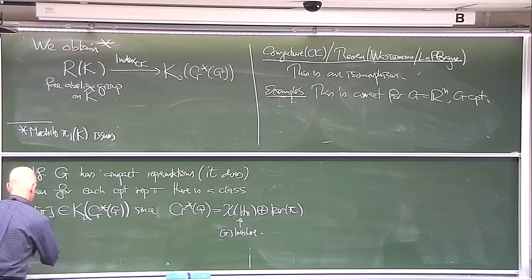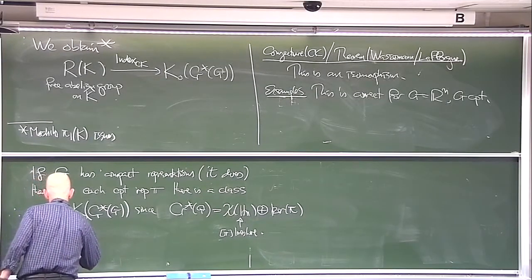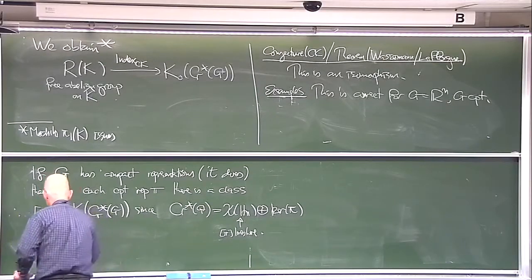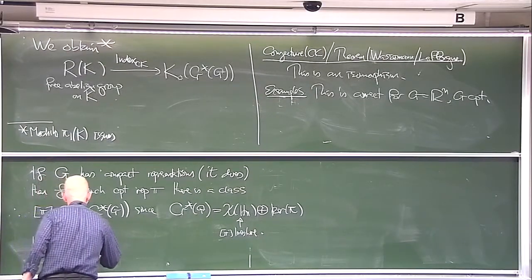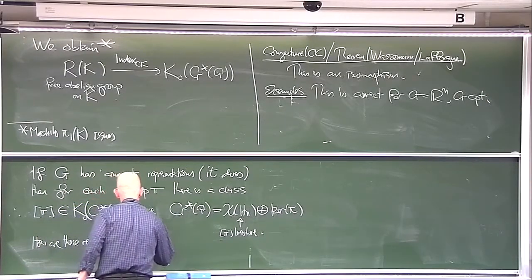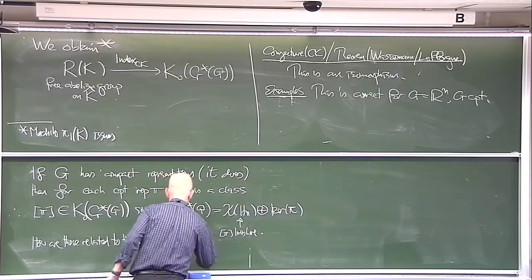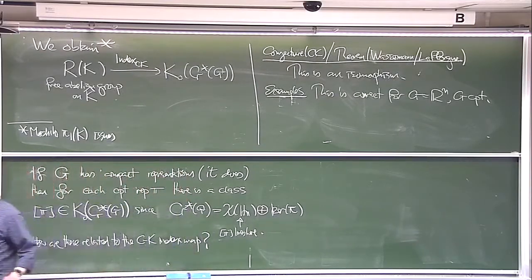And so it's very natural to ask, how are these related? How is this class related to the Kohn-Kasparov map? And so in the remaining time, I'd like to tell you something about that.